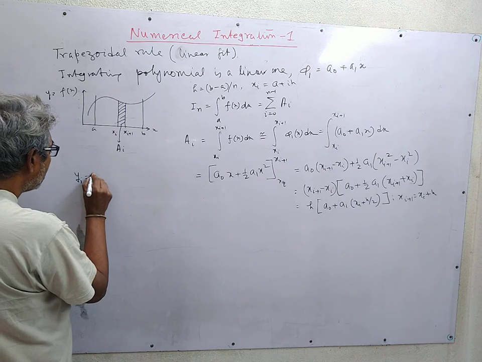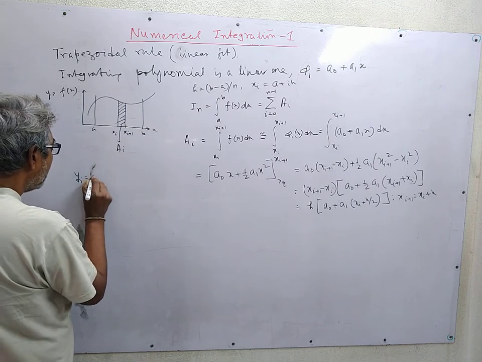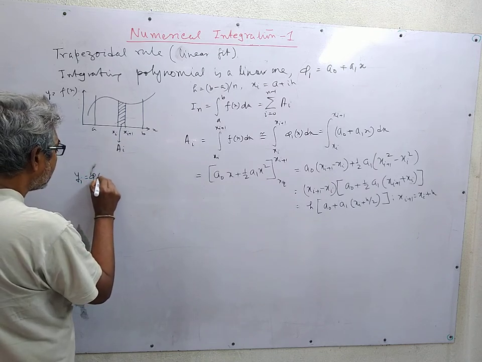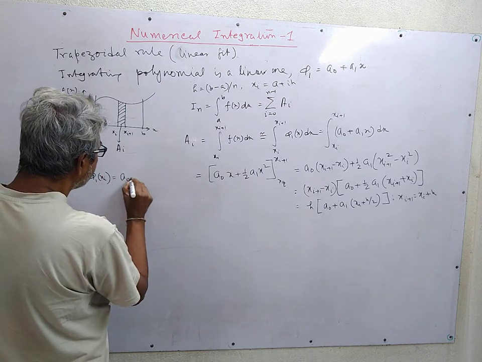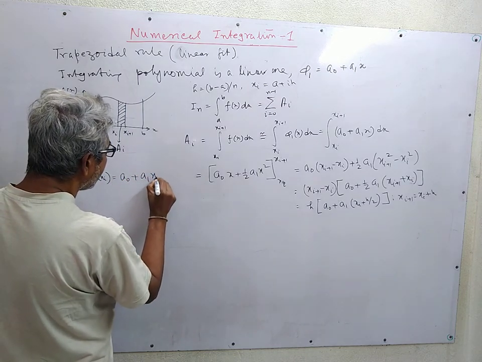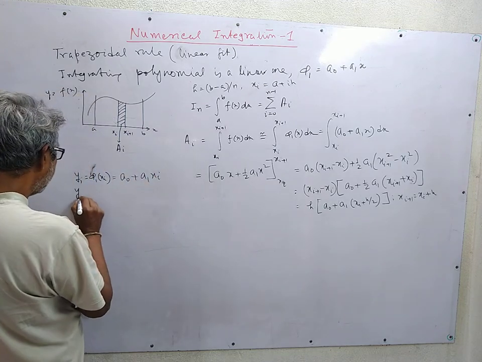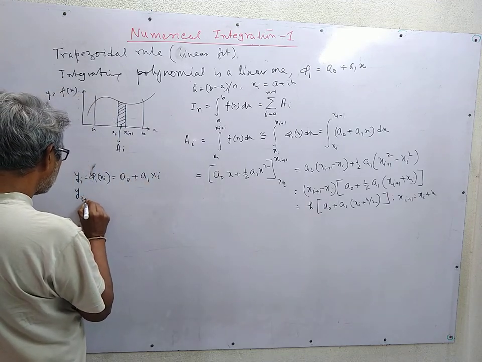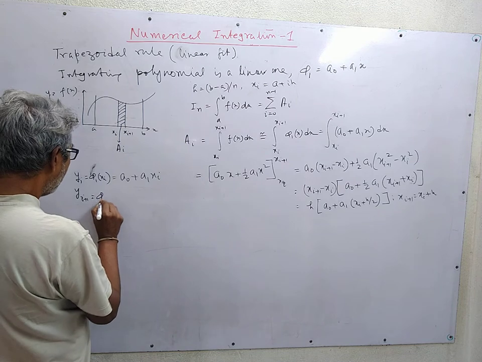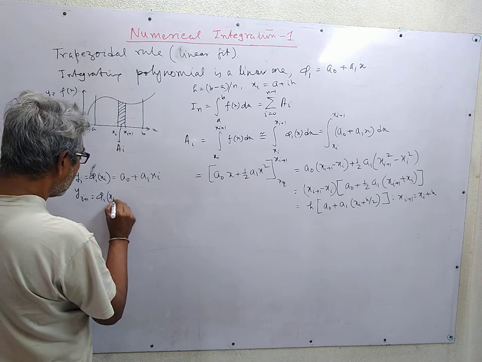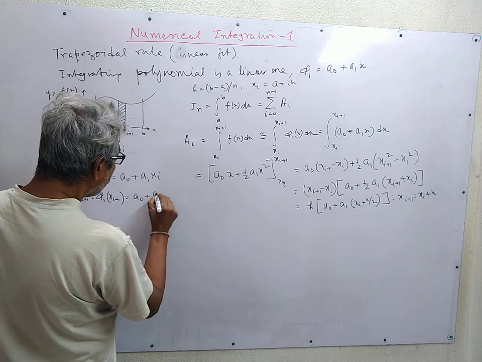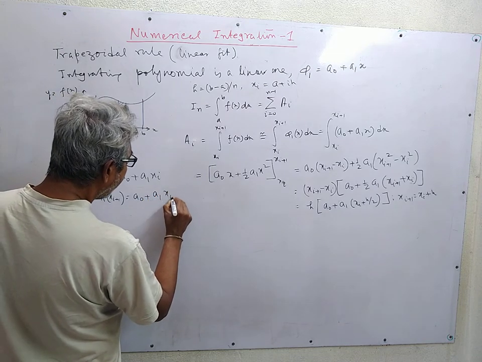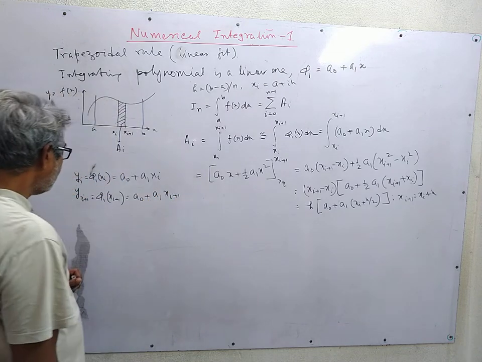Yi is equal to phi 1 at xi, which is a0 plus a1 xi, and yi+1 is equal to phi 1 at xi+1, which is a0 plus a1 xi+1.